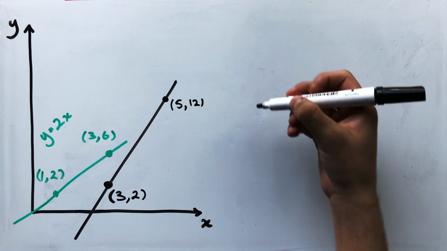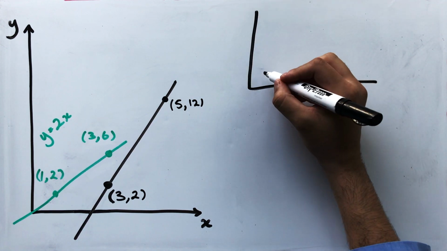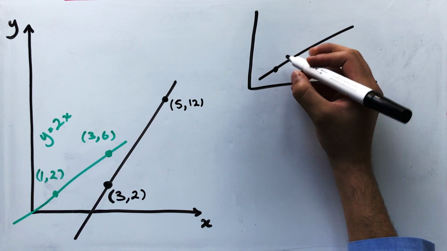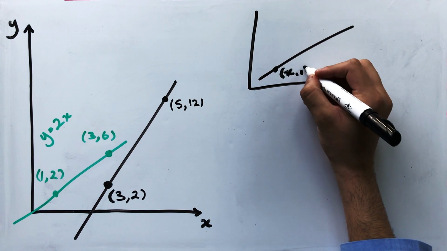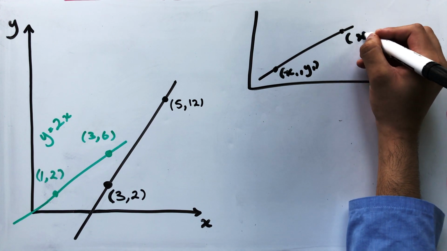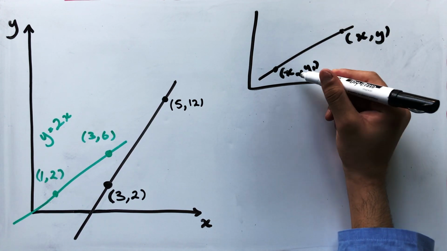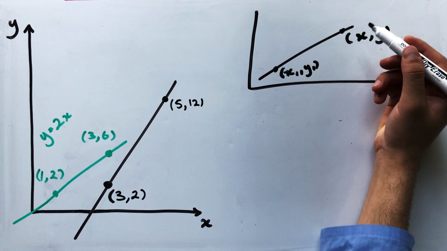Now, how would you find the equation of this line? So first I want you to take a look at this. We have a point x1, y1, and we have another point x and y. This point x1, y1, we do know. This is just another point on the line.